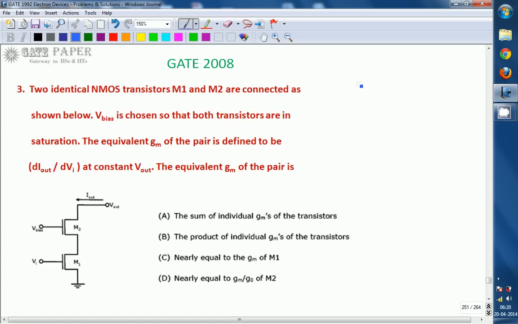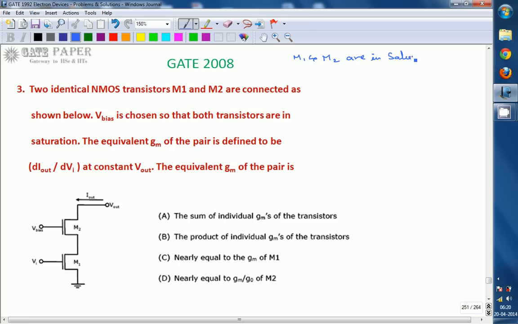So what was given is that both are identical transistors and the biasing voltage is chosen such that both are in the saturation region. Remember that: M1 and M2 are in saturation.